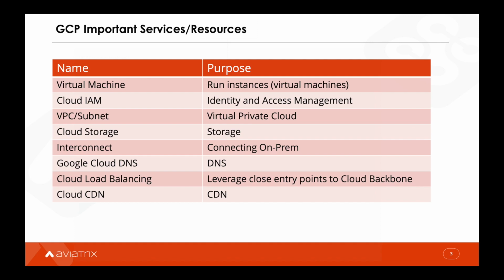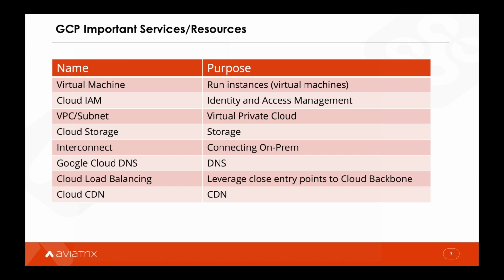IAM is extremely important to protect your workload and access to those resources through the identity and access management system. VPC, we already talked about. You need to create the VPC to start building your private cloud or your networks in GCP. Storage is very obvious for your storage needs.